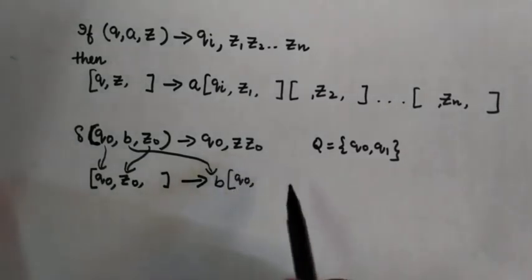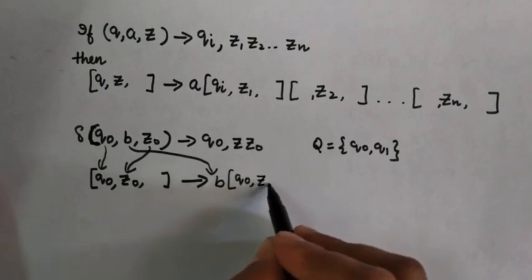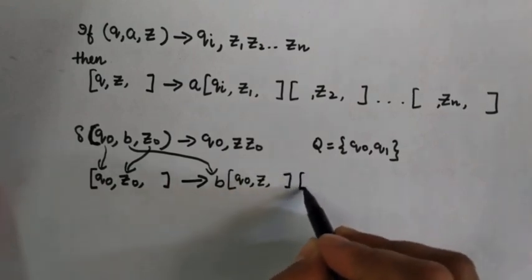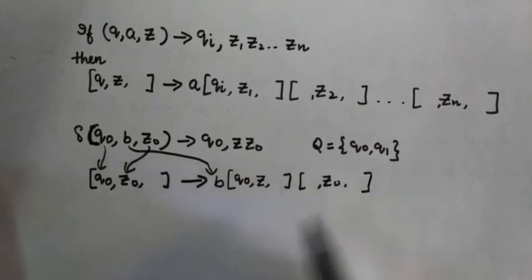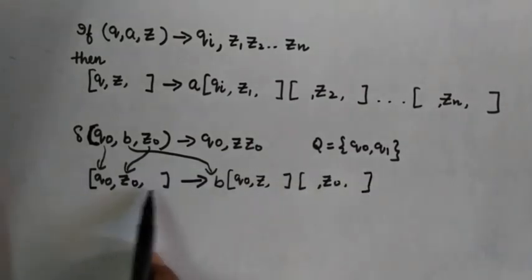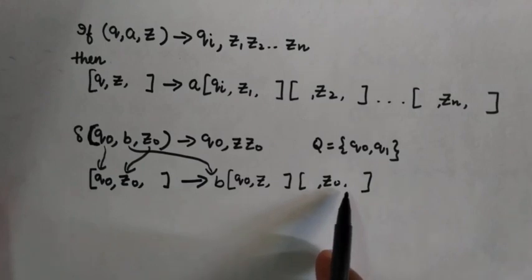Then this Z and Z0 will be written inside these variables. So we will have the production rules of this form.